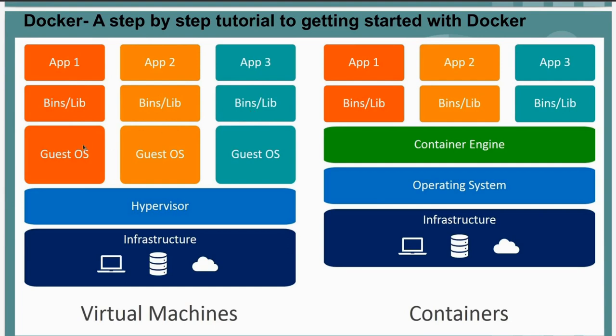And we have a separate OS for app 1 as well, a separate OS for app 2, and a separate OS for app 3 as well. Then we have the hypervisor, then we have the infrastructure, like our server, our database and the cloud.